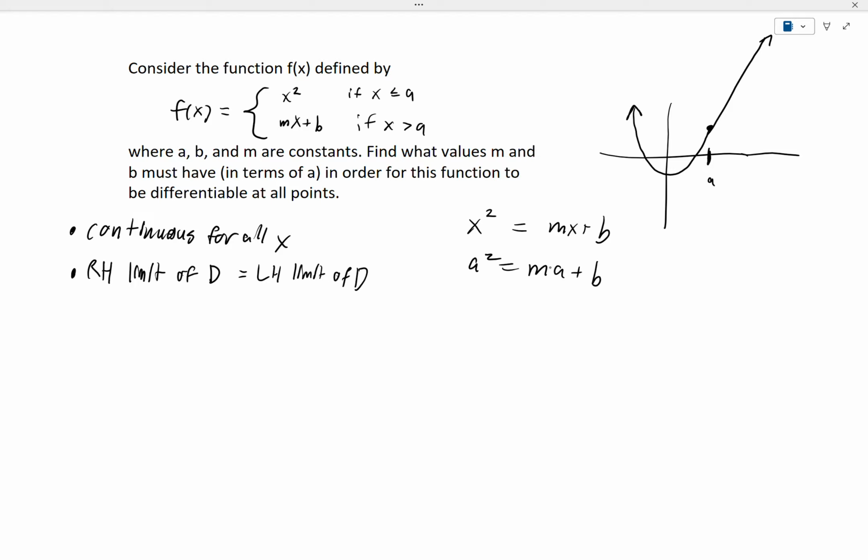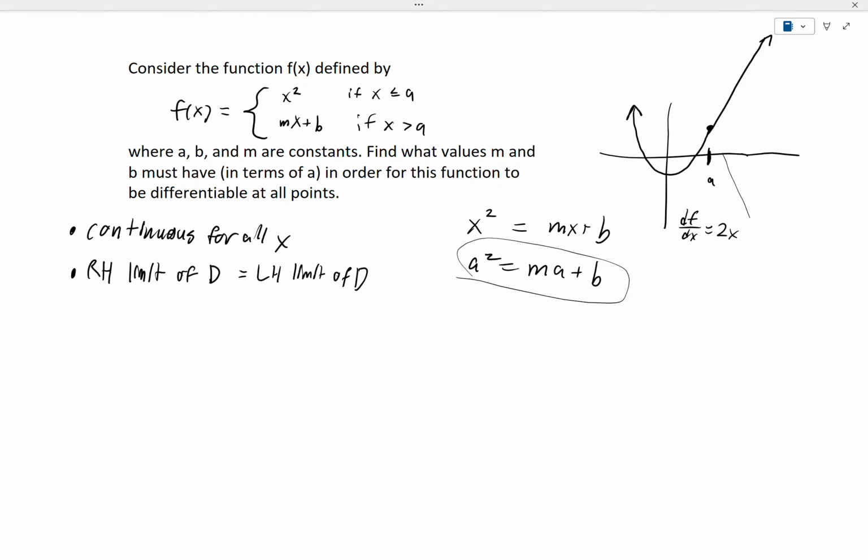But as you can see, we have two other variables here, so we're going to need some other equation besides this. Right-hand limit of the derivative needs to equal the left-hand limit of the derivative. So first of all, what is the derivative coming from the left side? Well, it's going to be the derivative of x squared, and we know that that is 2x. So coming from the left side, df dx is equal to 2x.